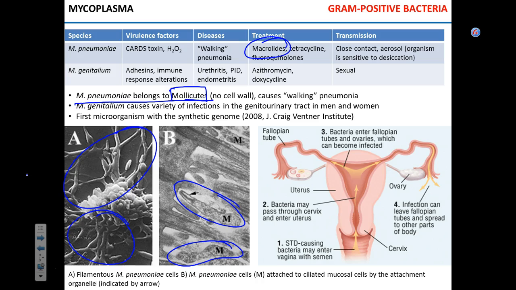Now, Mycoplasma genitalium is the causative agent of urethral inflammation and inflammation of the uterine endometrium. Okay, so it's a sexually transmitted disease.